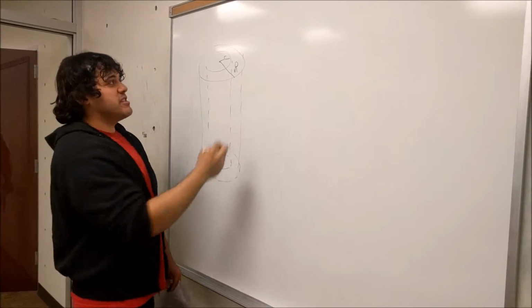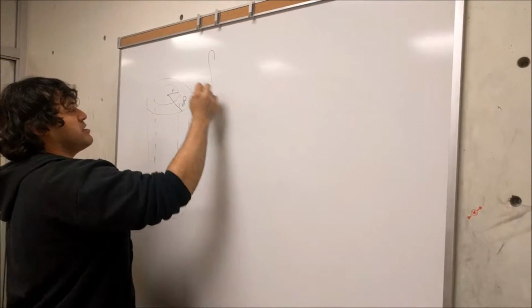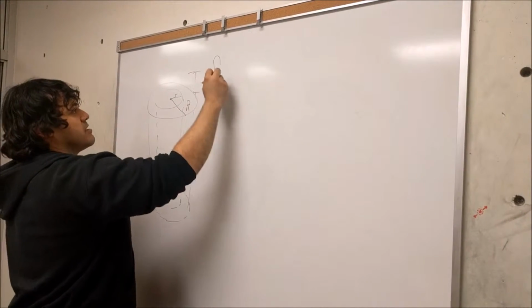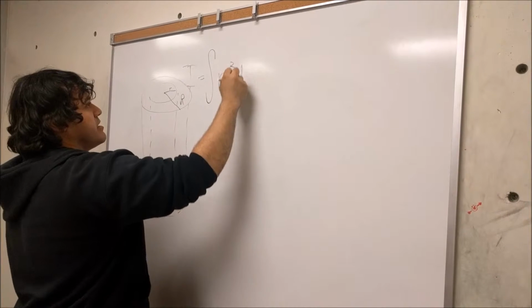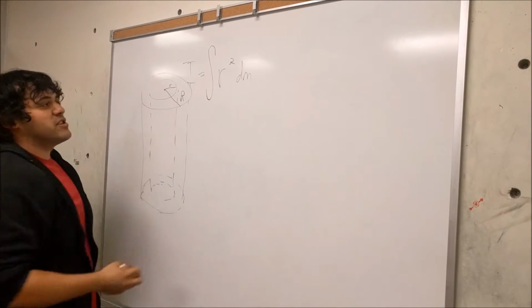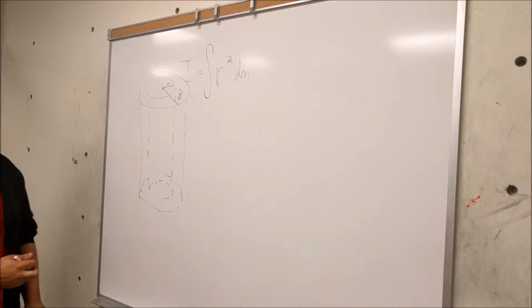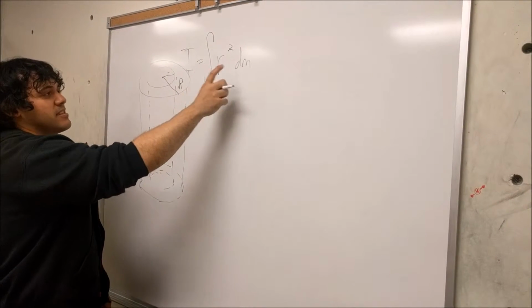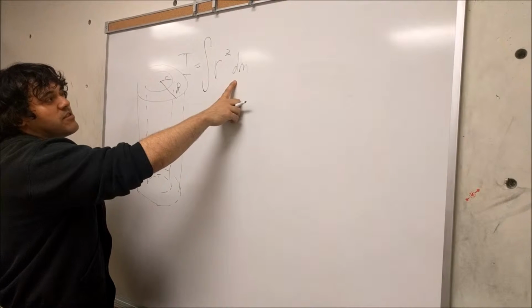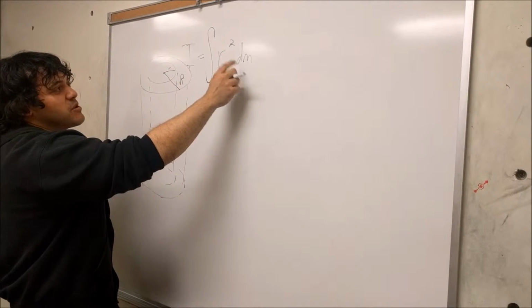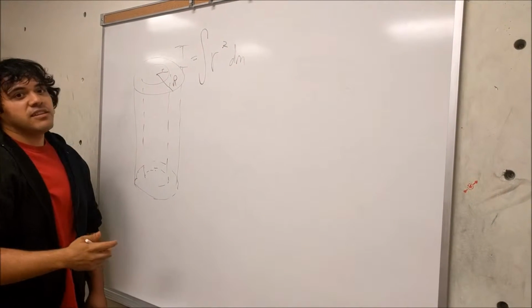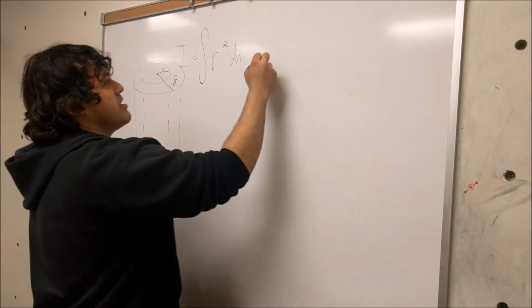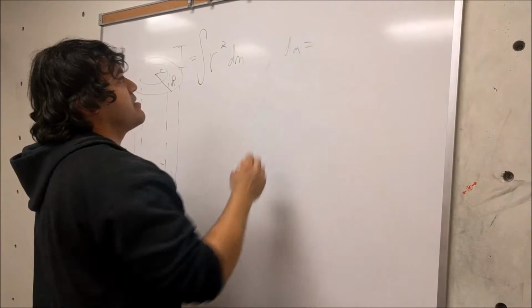So the moment of inertia is defined by the equation integral of r squared dm, where dm is a change of mass. So obviously to integrate this, we're going to have to find a dr, and something equivalent to dm in terms of dr. So dm is change in mass.